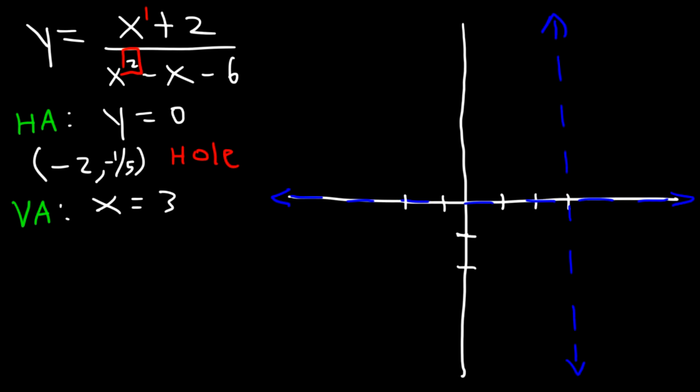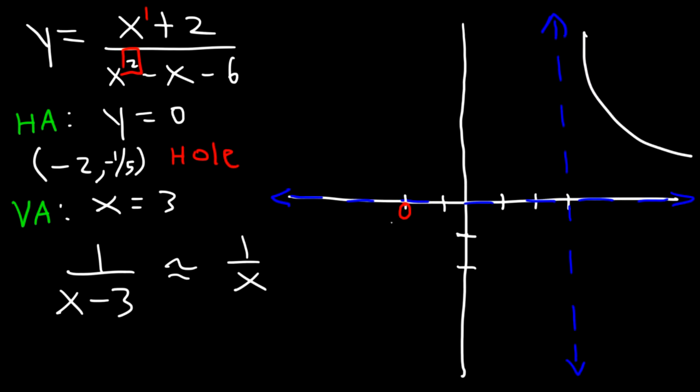Negative 1/5 is like negative 0.2, so it's very close to the x-axis. Let's say it's over there. Now the surviving equation is 1 over x minus 3, which is similar to 1 over x. And we know 1 over x looks like this. So 1 over x minus 3 will have the same general shape.